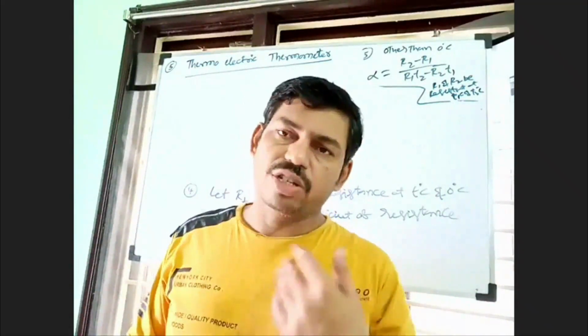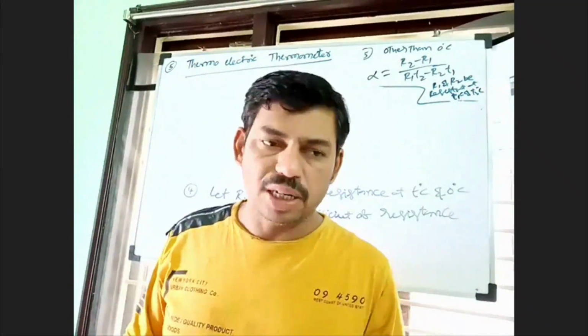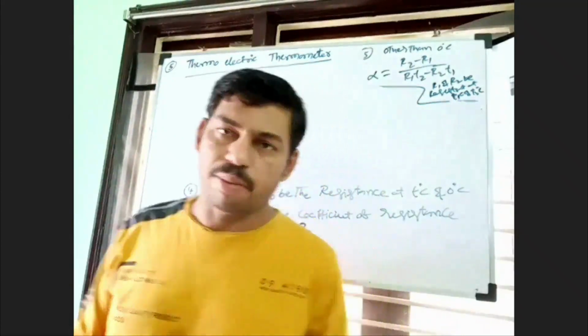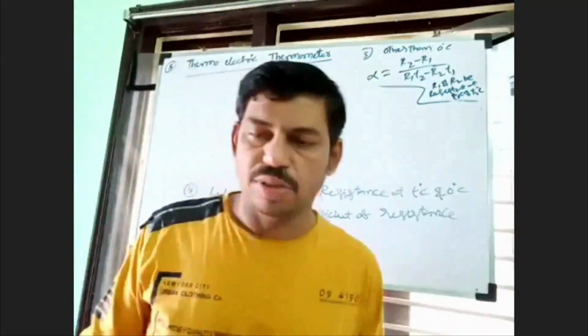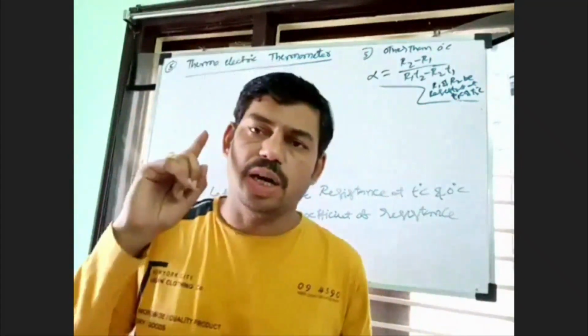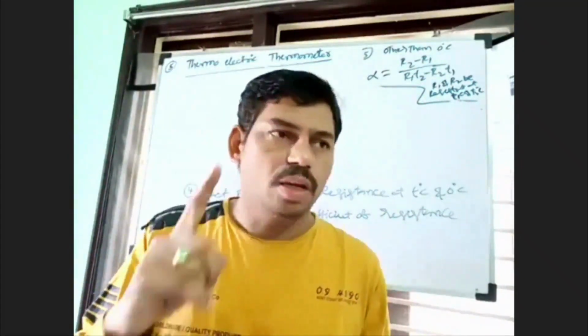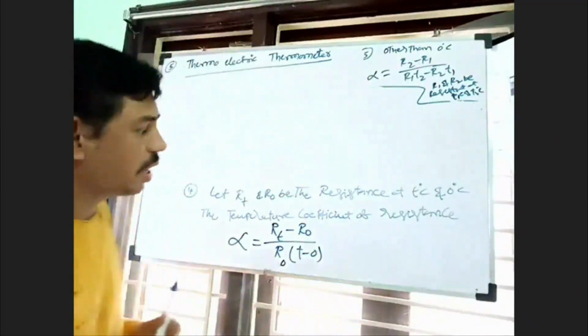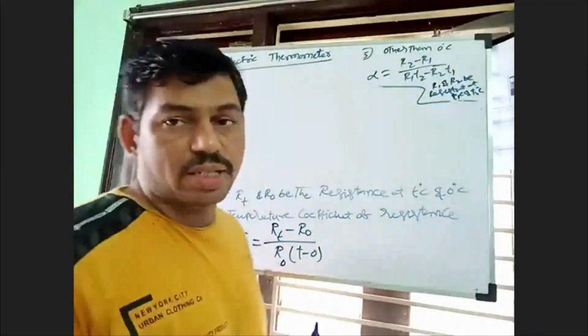After modification, this complete chapter was eliminated. But two or three years back, only for the AIMS syllabus, only the thermocouple, Seebeck effect and Peltier effect, two topics, were included. It is out of the NEET syllabus.